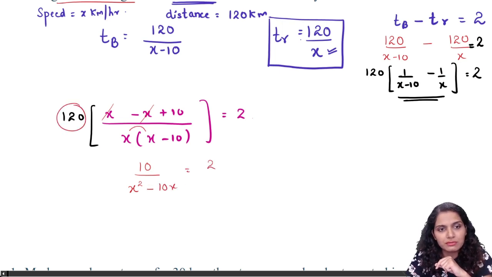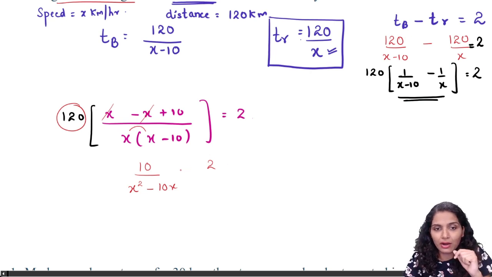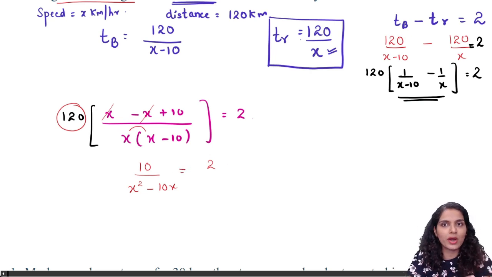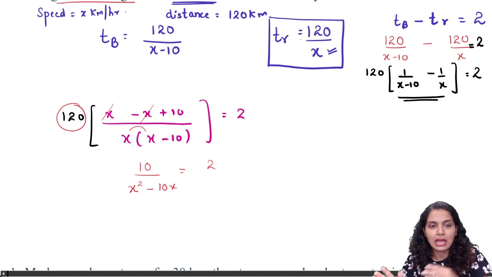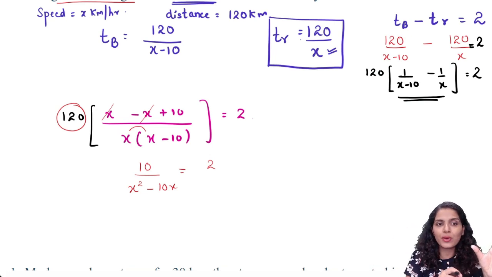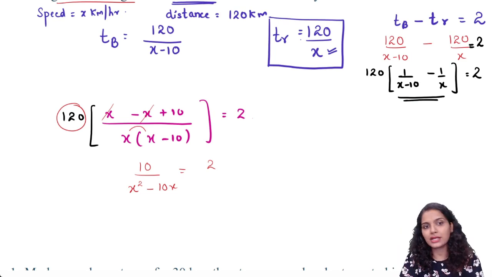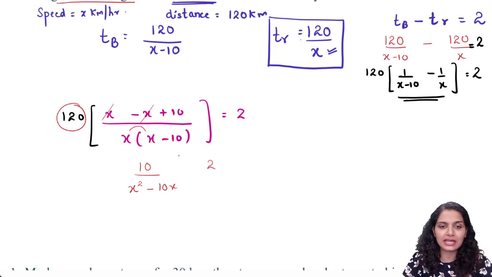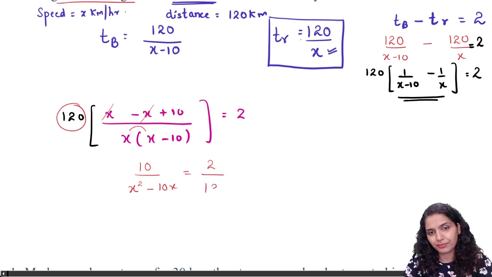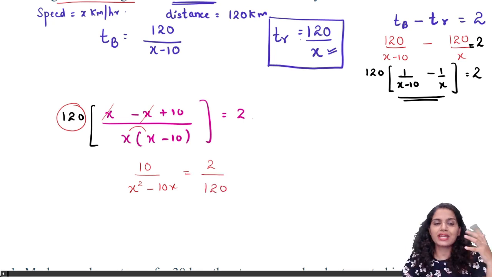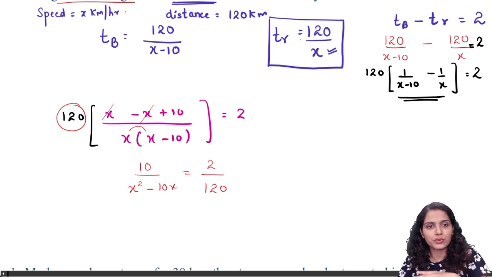Now if you take it to the right side, of course you can take this 120 to the right side, because 120 is getting multiplied with whatever is there in the bracket, right? So if you transpose it to the right side, it will be divided. Generally students get confused if they should take 120 to the right side or not.